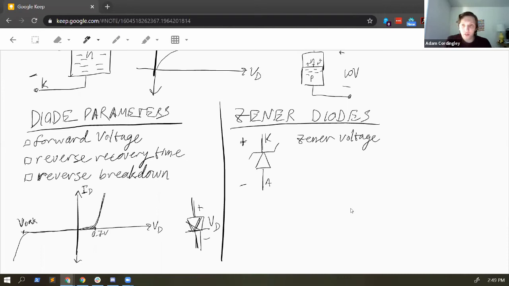Zeners are great for providing a precise voltage reference, for example, or for absorbing transient voltage spikes if you need to make sure that some voltage rail is always below some particular voltage. Those might be some use cases for those. So that's a Zener diode.